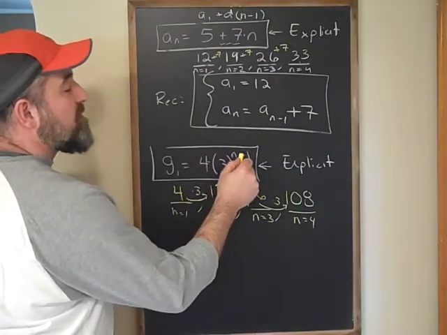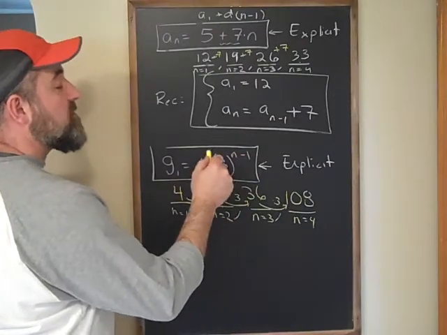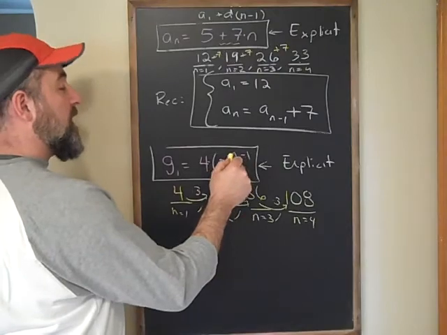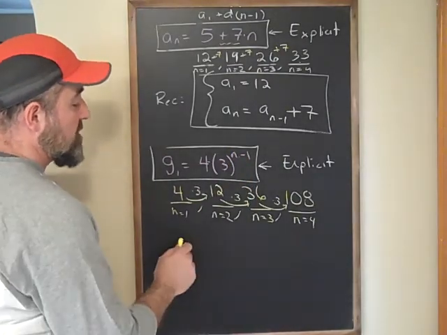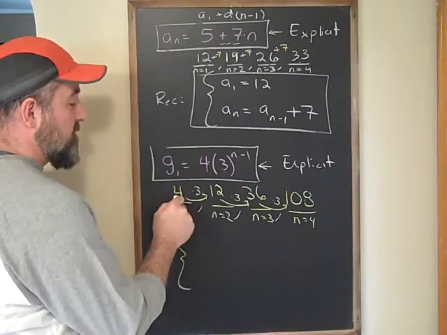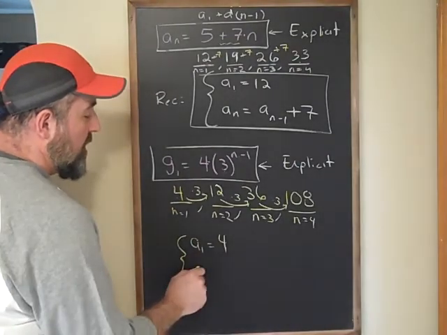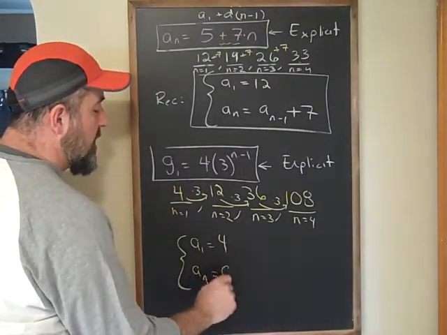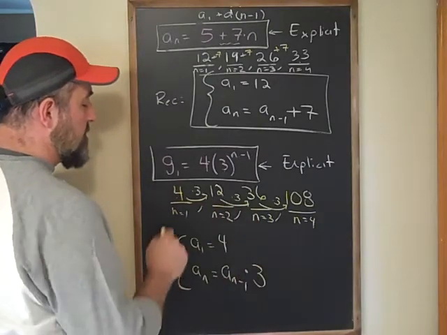The exponent is for representing repeated multiplication by 3. So if you see a base of 3 and an exponent, it is probably going to be multiplication by 3. So the recursive formula for this one is going to be our first term is 4, a sub 1 is 4, and our new term is our previous term times 3.